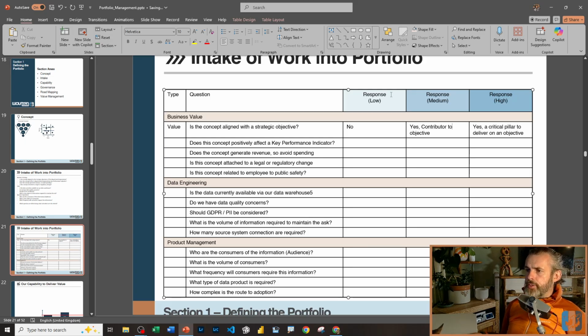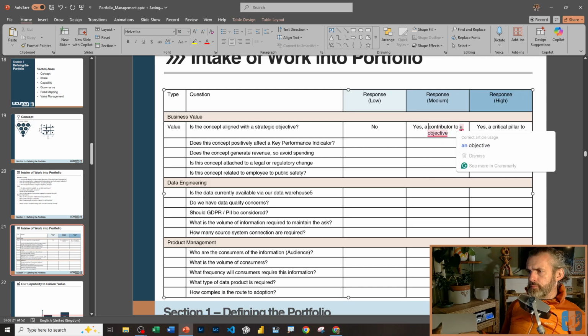Okay, then. So our responses: the low response is that it doesn't align to a strategic objective. The medium response is that it's a contributor, but not fundamental. Contributes to an objective. And the high response, so high value, is that it's a critical pillar to the delivery of an objective.